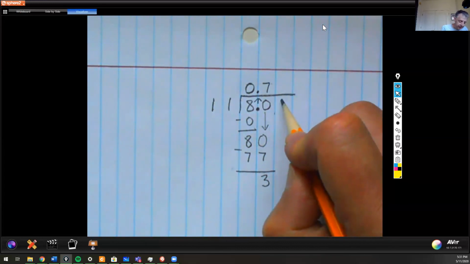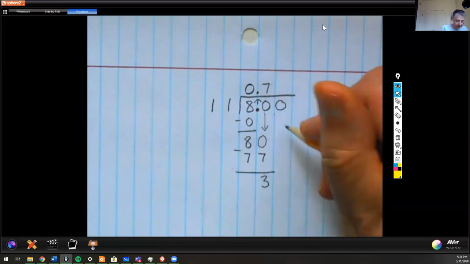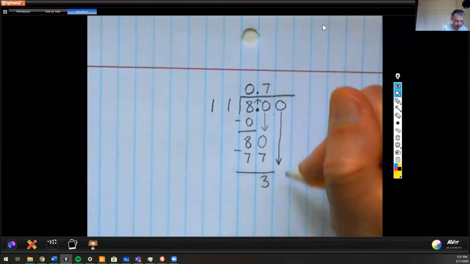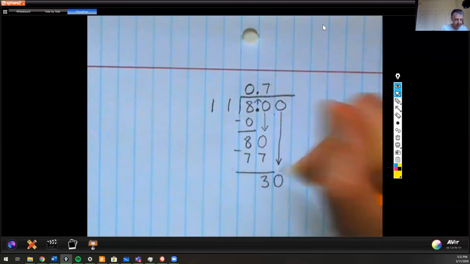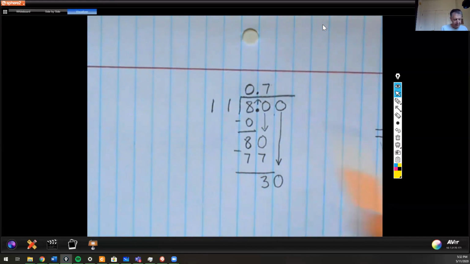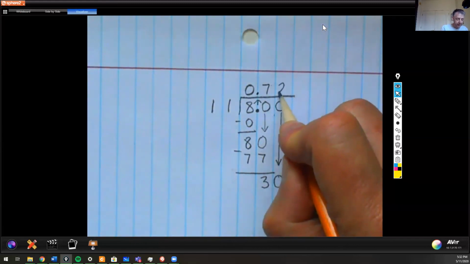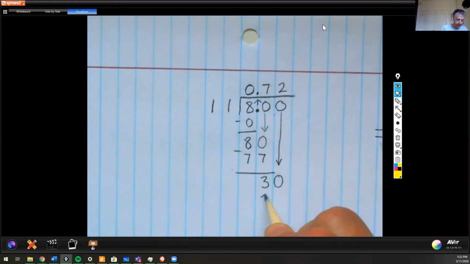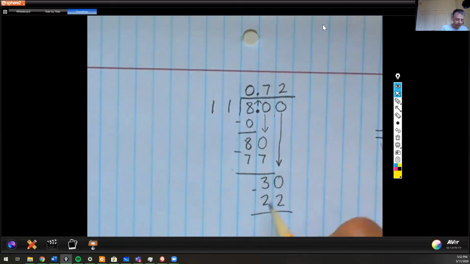So annex a 0, drop it down next to my 3 remainder, and my 3 becomes 30. I can't do 11 times 3 to get 33, but I can do 11 times 2 to get 22. Now I'm going to take 30 minus 22, and that leaves me with a remainder again of 8.